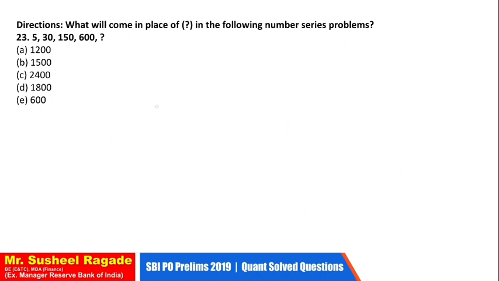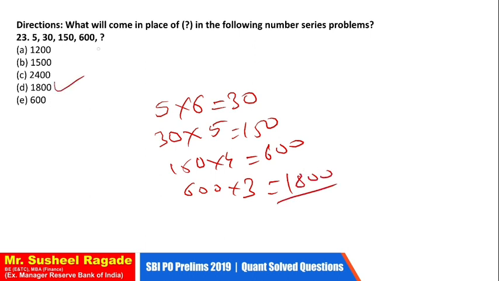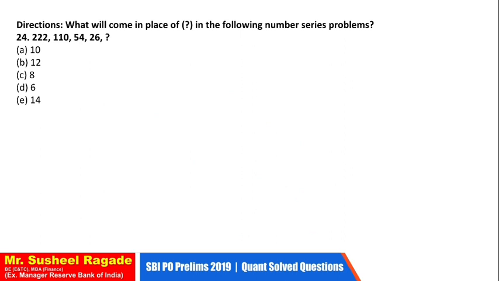It's very easy, like 5 into 6 is equal to 30, 30 into 5 is 150, 150 into 4 is 600, and 600 into 3 is 1800. So I am explaining in a very basic way, because we know some students are very amateur in this field, and some students might have given this examination or cleared the prelims once or twice. So that's why I am explaining in detail.